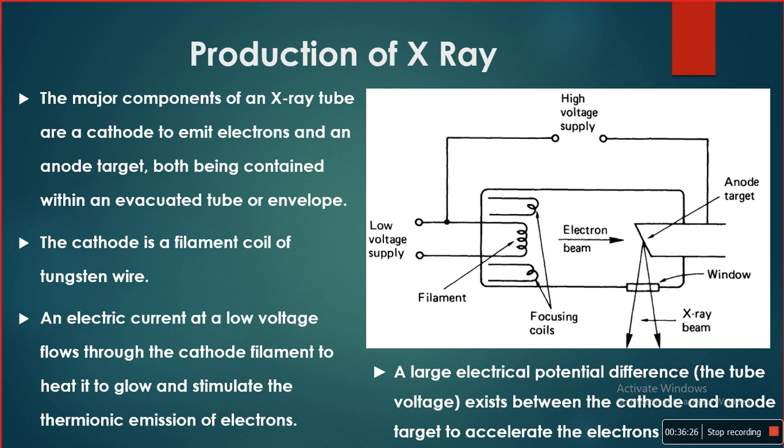To dissipate the heat properly, that tungsten material is embedded in a copper material, and these embedded materials can be provided with a water cooling system or oil cooling system for proper heat dissipation.